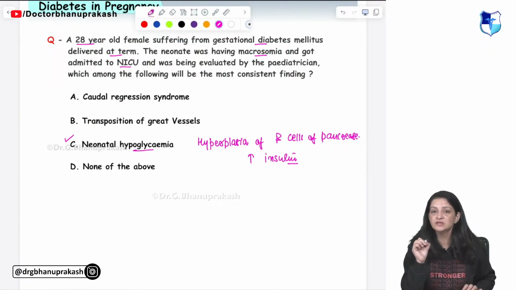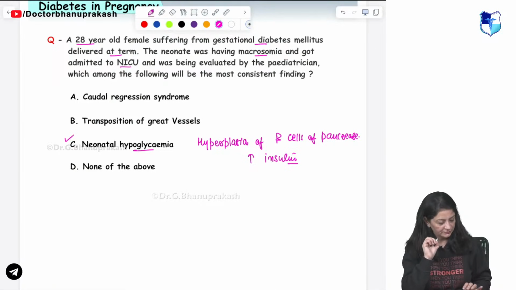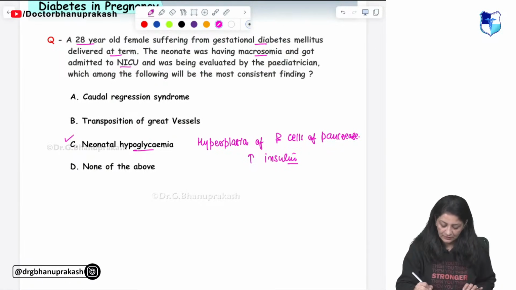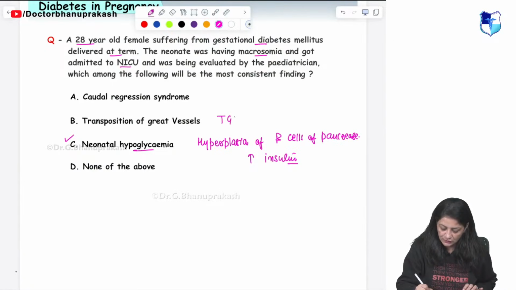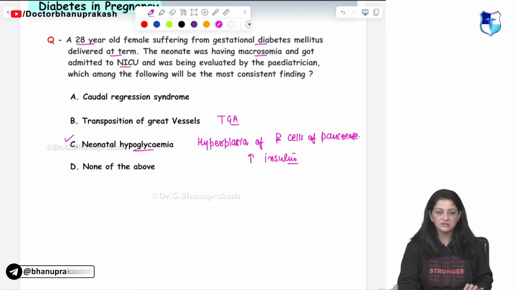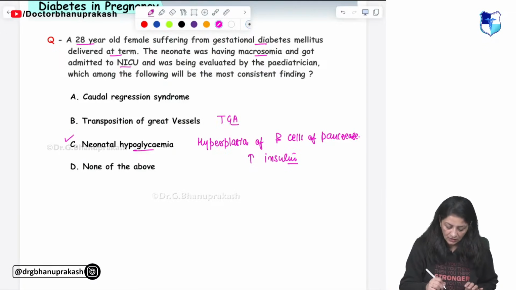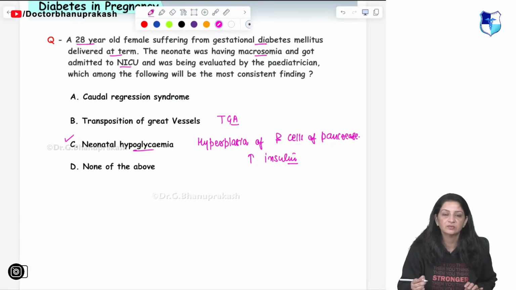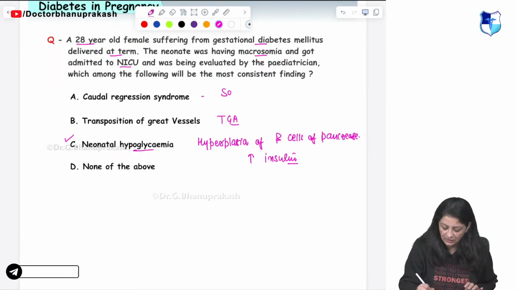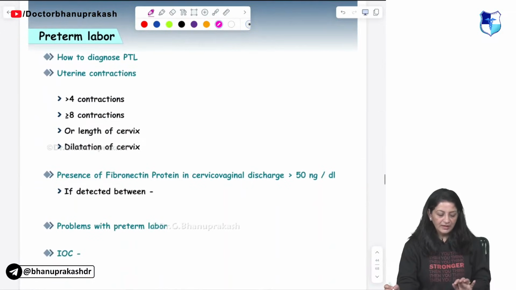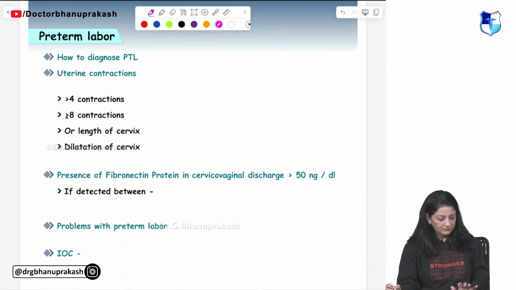And what is the most specific cardiac anomaly? TGA, transposition of great vessels. And the most specific anomaly is caudal regression syndrome, sacral agenesis.